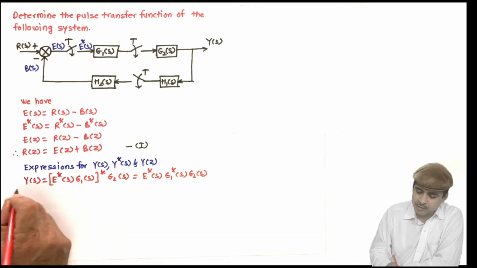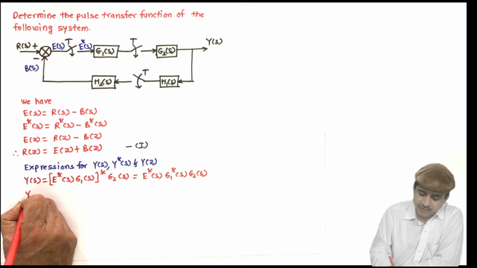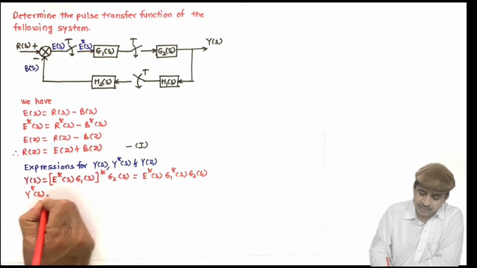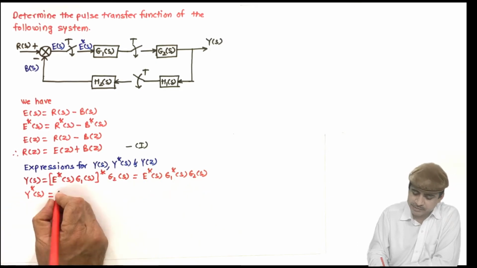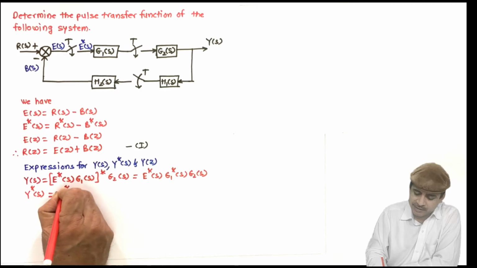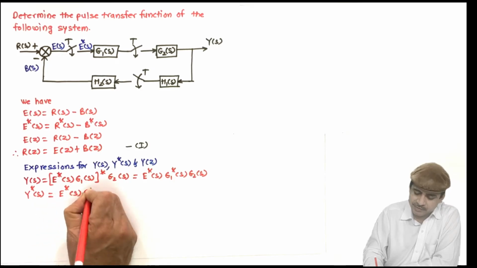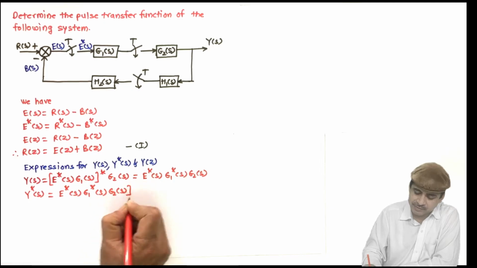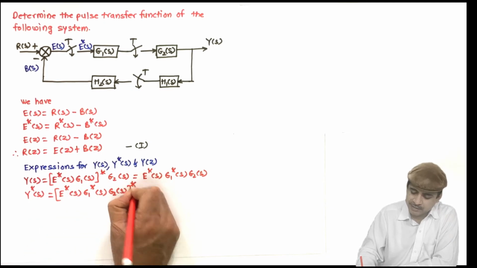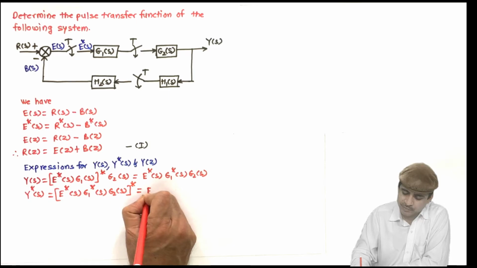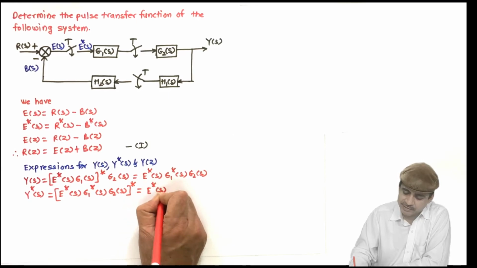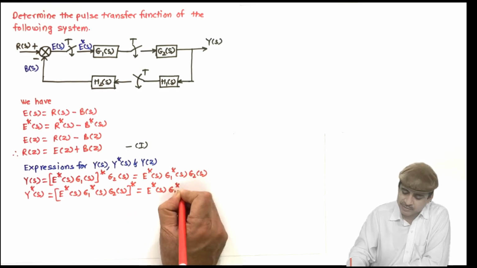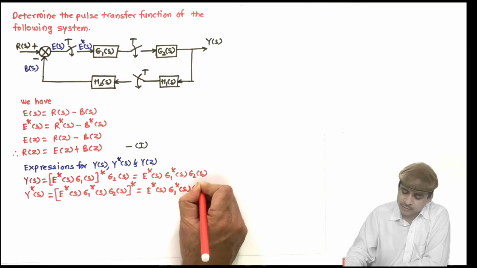And then if I take the star of the entire thing, Y*(s) is the star of this, so E*(s), G1*(s), G2(s) whole star, and that is equal to E*(s), G1*(s), G2*(s).